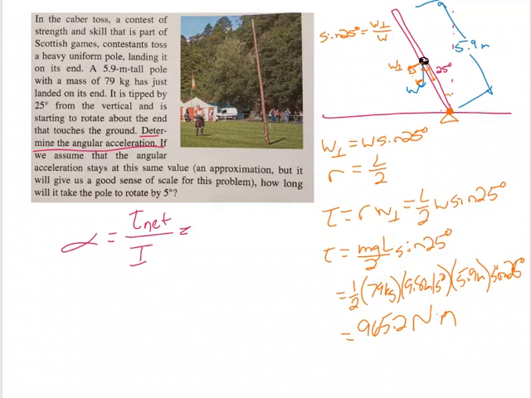Actually, if I jump back a little bit to where we were sitting right here, this formula right here before we calculated the torque, I should have done this. I have 1/2 mgL sine 25 degrees divided by 1/3 ml squared.